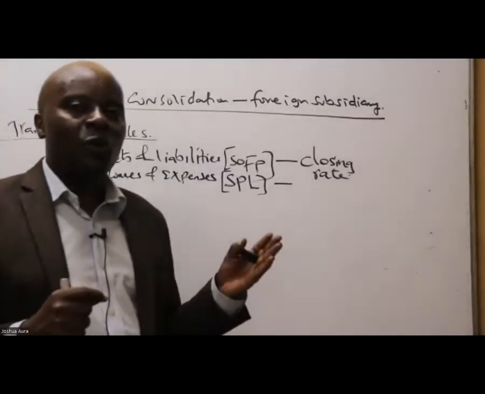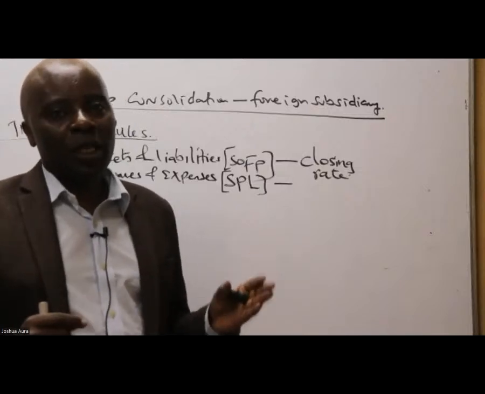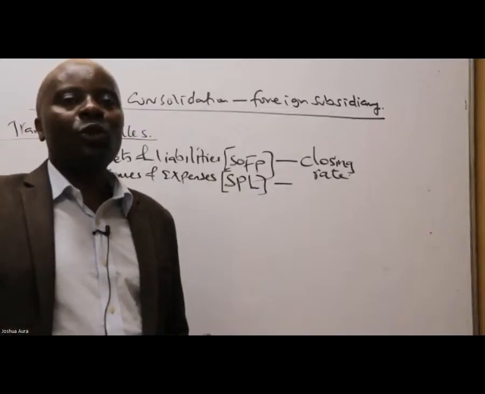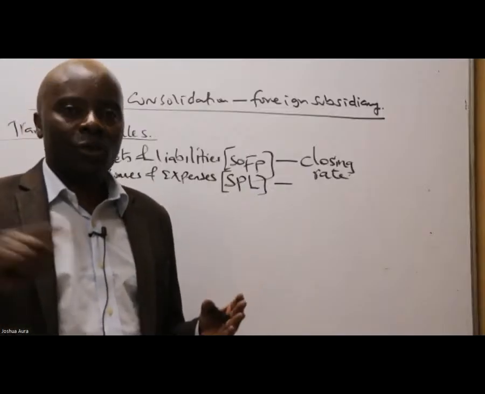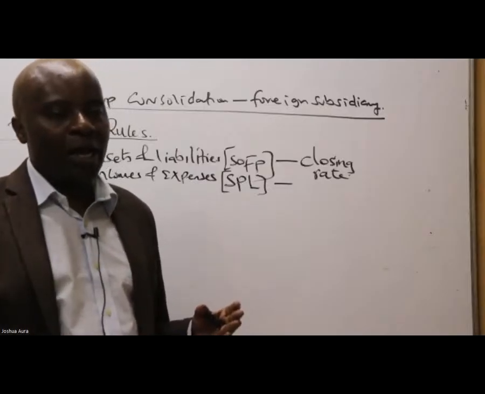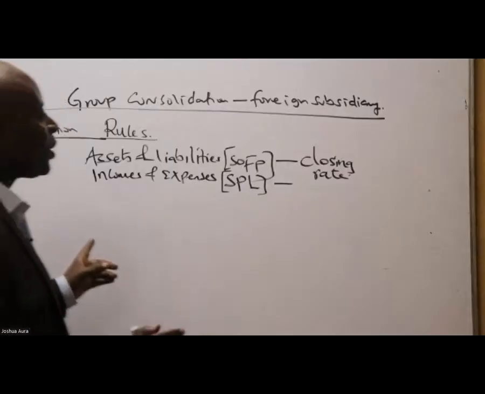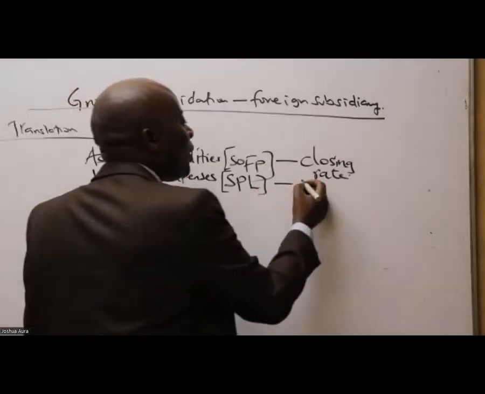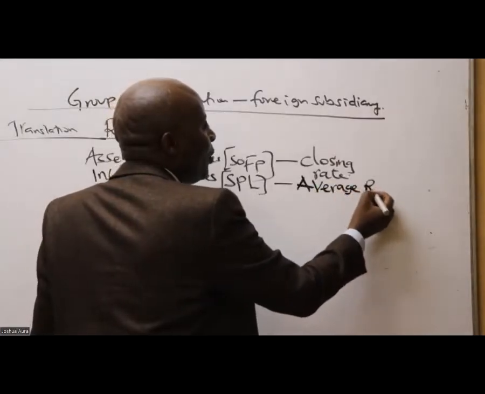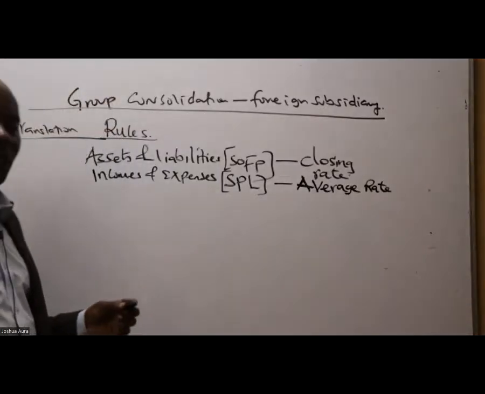You have sales revenue coming to us on the 1st of January, sales revenue coming to us on the 5th of January, on the 12th of December, etc. So over the whole year, we have what we call transactions. So always, incomes and expenses, we shall be translating them using the average rate. Using what, somebody? Using the average rate.